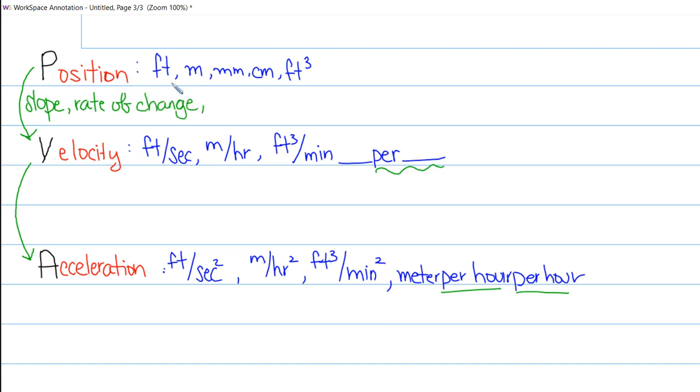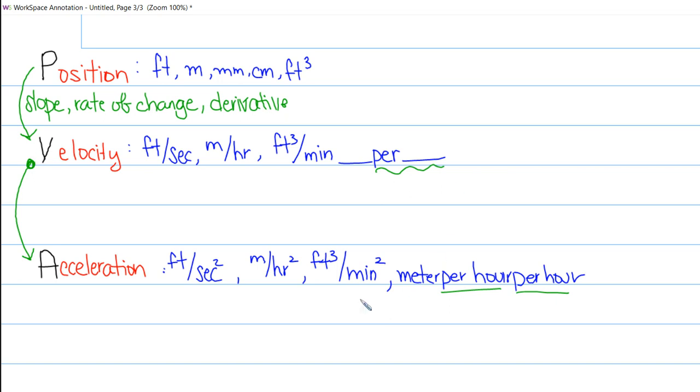Or in calculus, we call this the derivative, because the derivative is the slope of a tangent line. Likewise, if you go from velocity to acceleration, you have to look at the slope, rate of change, or the derivative at that point.